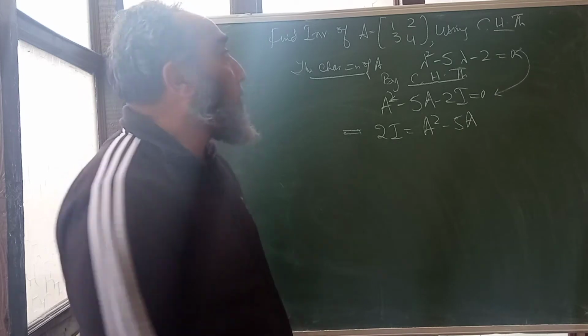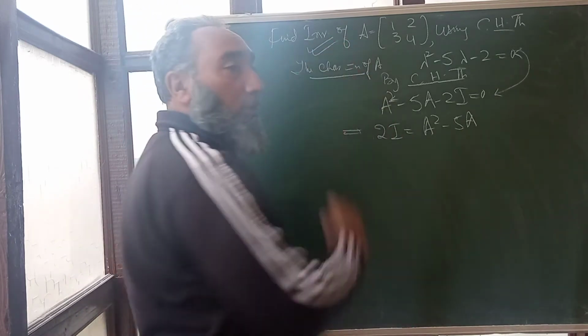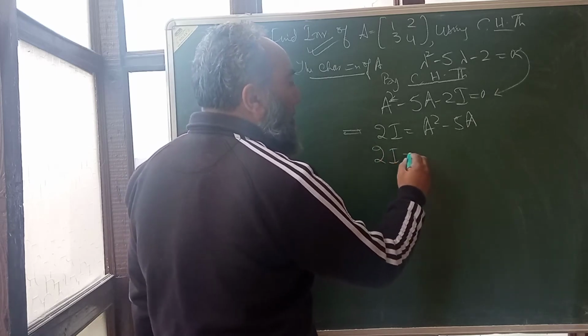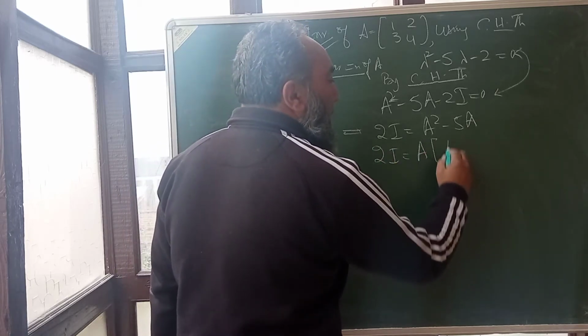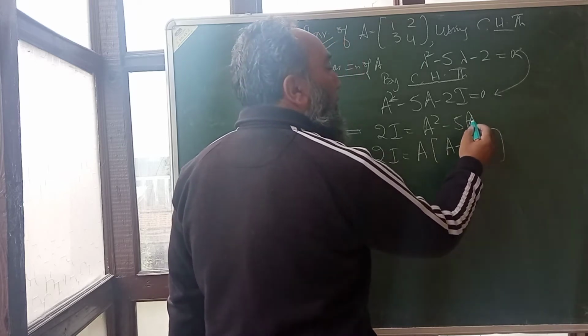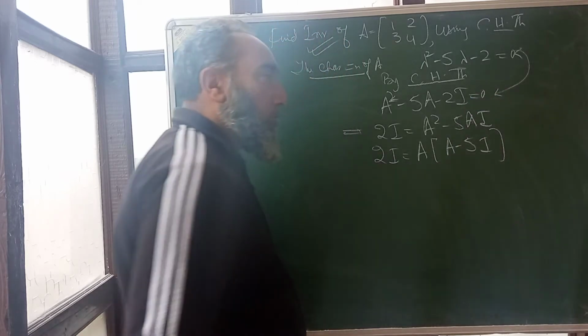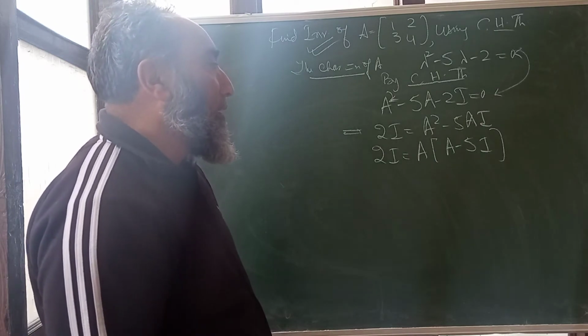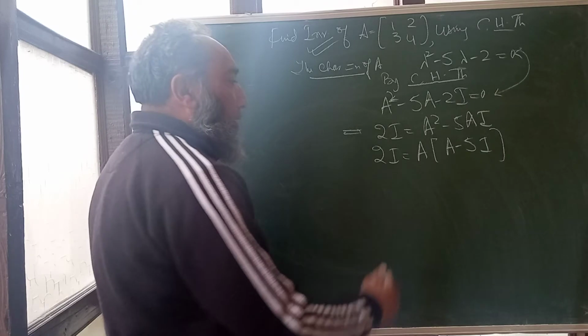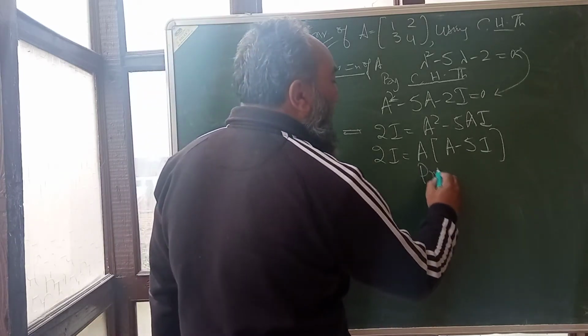What we are going to find is the inverse. So this is 2I equal to A into (A minus 5I), because you know A into I is A, so I can always write it as A common, so A minus 5I. Let me pre-multiply both sides by A inverse.